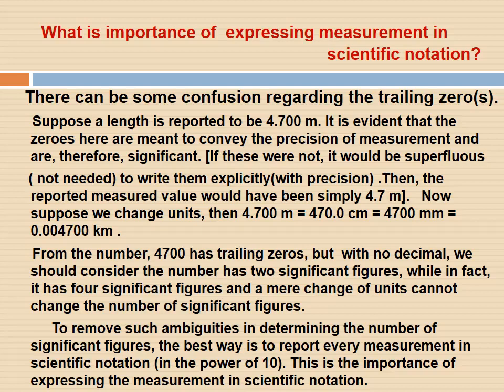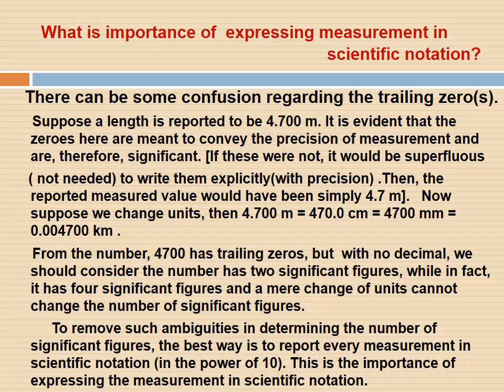Now we can express this value in other systems of units. They are 470.0 centimeter, 4700 millimeter and 0.004700 kilometer. The number 4700 has trailing zeros but with no decimal.